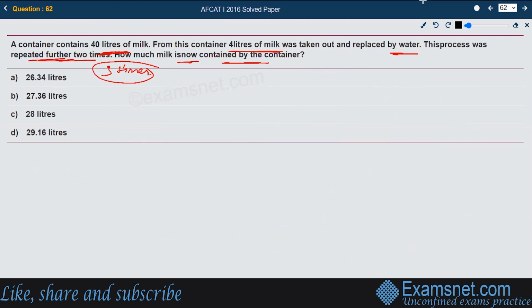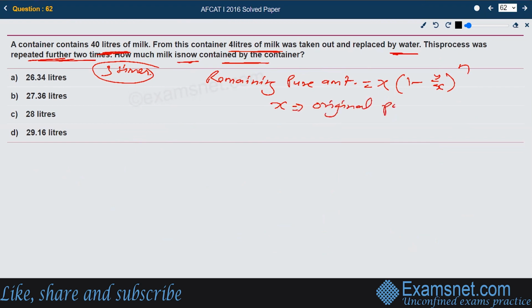For this kind of situation, you can have a direct formula. The remaining pure quantity can be directly calculated as x times (1 minus y over x) to the power n, where x is the original pure quantity.